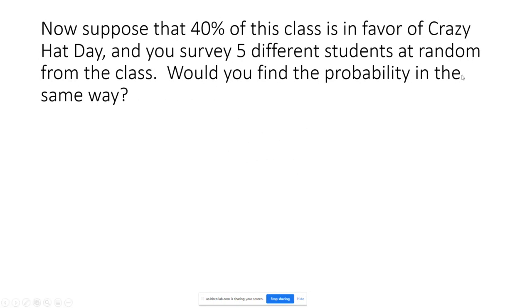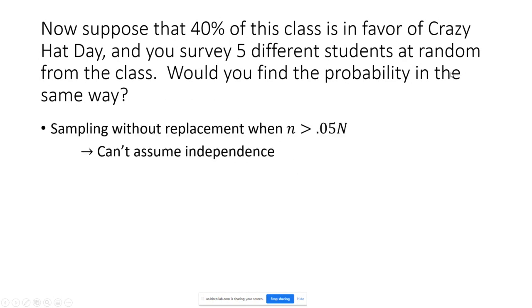Yeah, thumbs down. So this is the situation we talked about at the start of class. We're sampling without replacement, and we're taking a sample that's large relative to the size of the population, because our population is only 8 people. So we can't assume independence. So in this case, we would want to use the hypergeometric distribution, which we'll talk about next week. And here's a general guideline for what constitutes a large sample relative to the population.